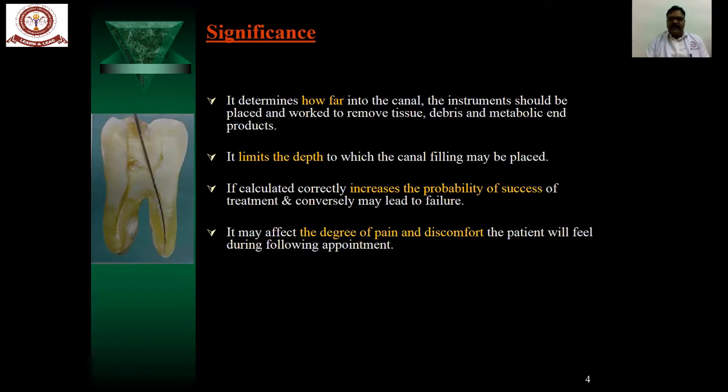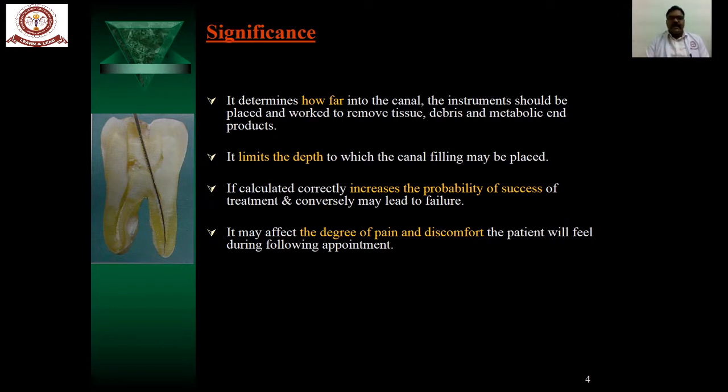Coming to the significance of working length determination. It determines how far into the canal the instruments should be placed and work to remove tissue, debris, and metabolic end products. It limits the depth to which the canal filling may be placed.